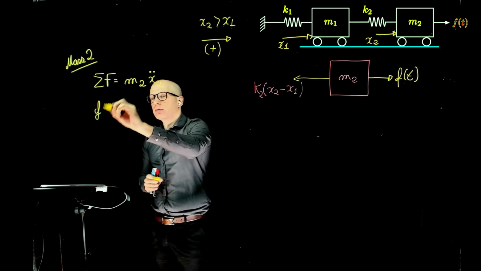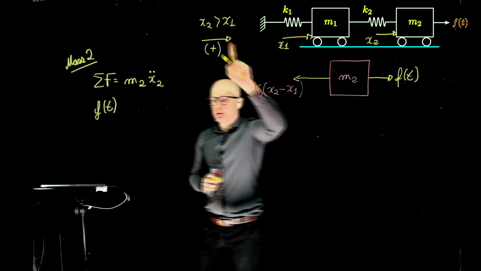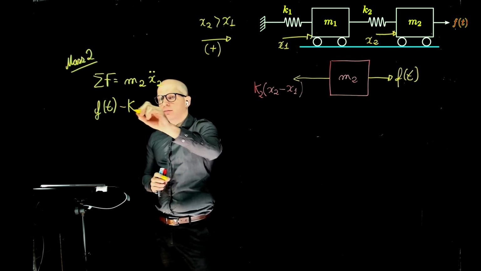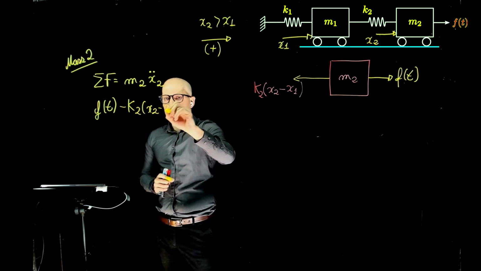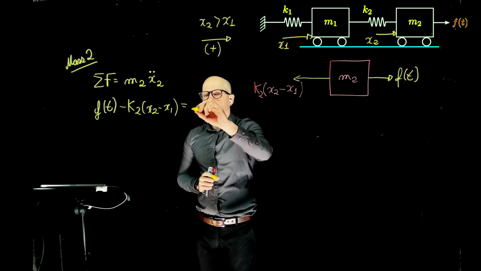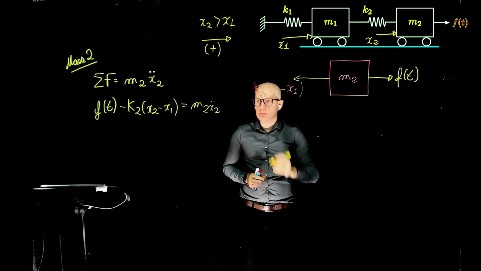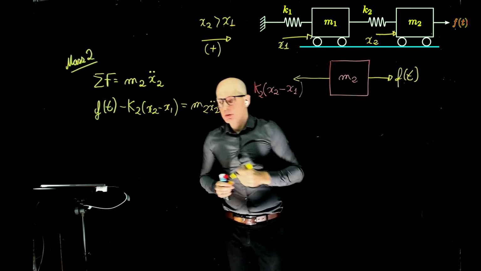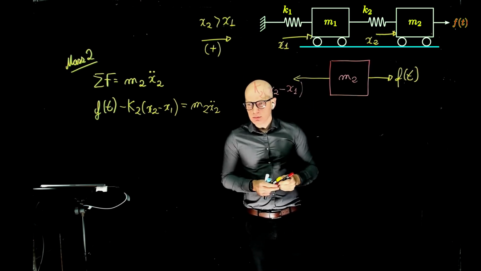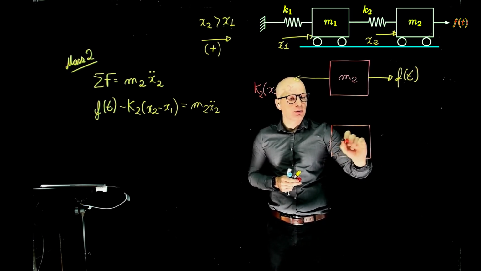F of t is positive because it points to the right, according to our definition, minus k2 (x2 minus x1). Those are all the forces, equal to m2 x2 double dot. Okay. Now let's do mass m1. Any questions about mass m2?